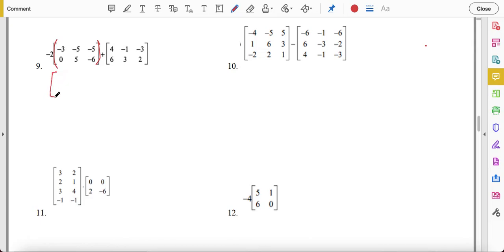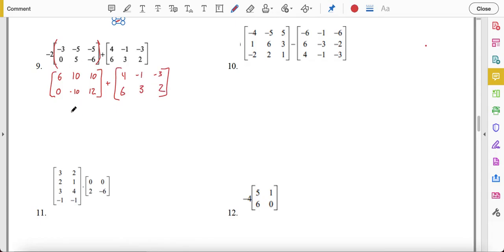So I'm just going to rewrite what this new matrix will be after I multiply -2 into it. So I've got 6, 0, 10, -10, 10, 12. I'm going to add that to this other matrix, which hasn't changed. 4, 6, -1, 3, -3, 2.